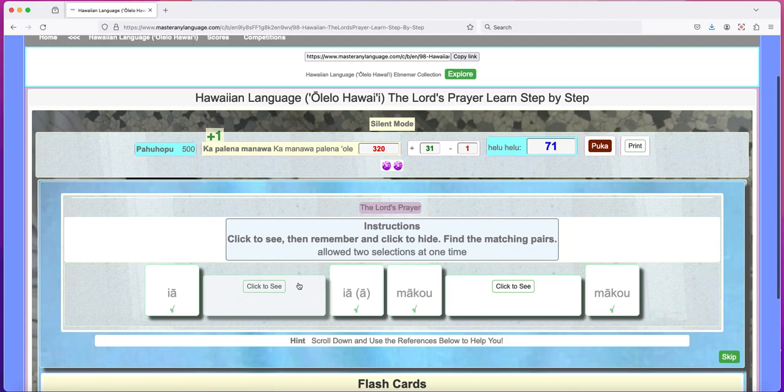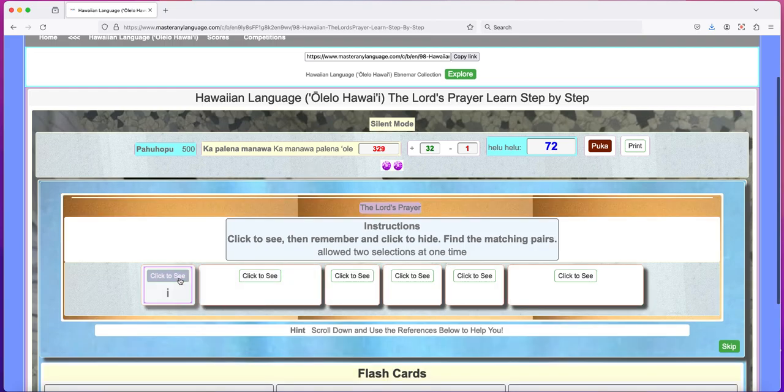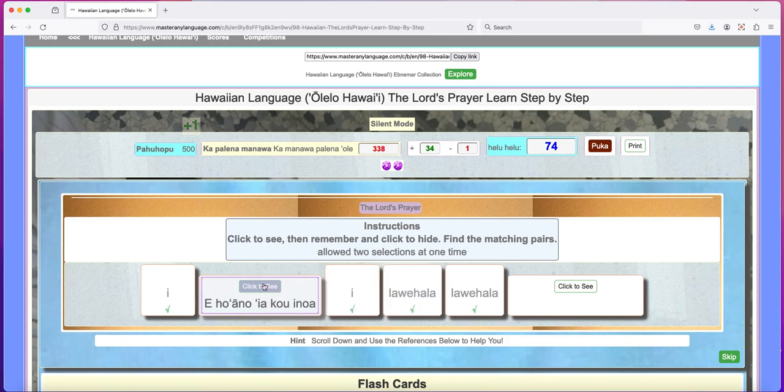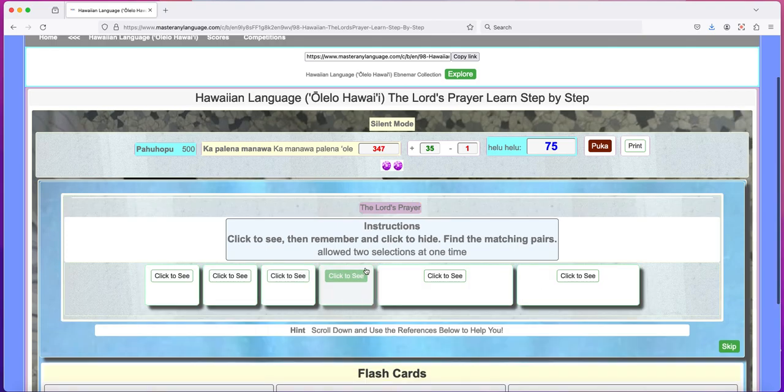E ho'ano ya ko inoa. Lawehala. And just the same one before. E ho'ano ya ko inoa. Hallowed be thy name.